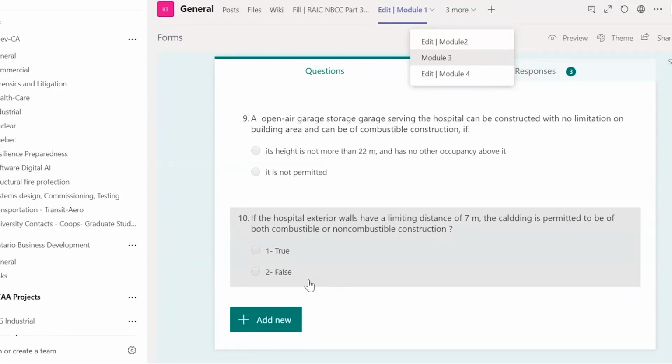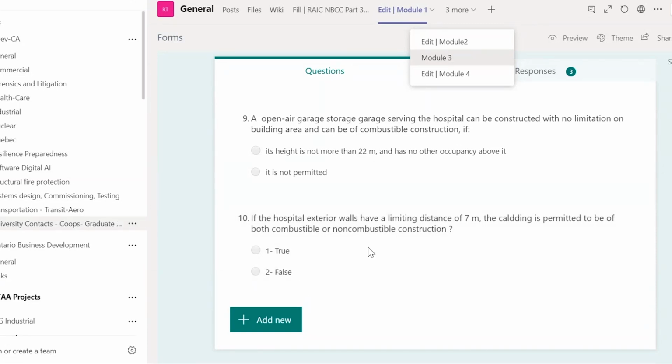But if my building is of non-combustible construction, what's my cladding construction type? It can be combustible also. It can have combustible components. True. Okay. As long as they meet the provisions of 3.1.5. Right. Okay. Got it. Thank you.